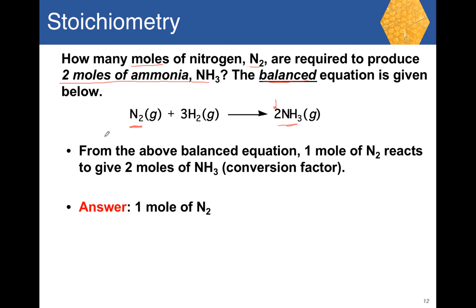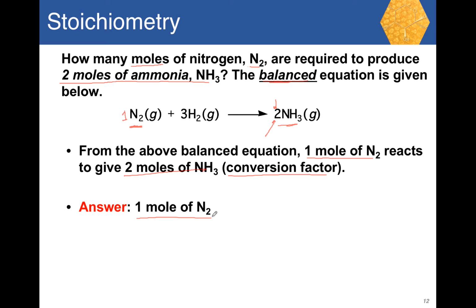From this equation, we have a conversion factor. The conversion factor is 1 mole of nitrogen, and don't forget, the 1 is not written but it's understood, gives 2 moles of ammonia. So 1 mole of nitrogen reacts to give 2 moles of ammonia. Therefore the answer is 1 mole of nitrogen.